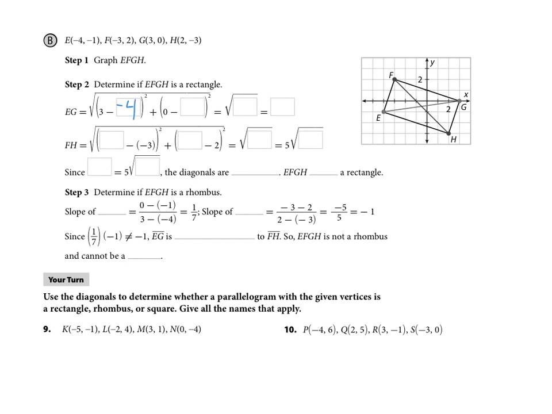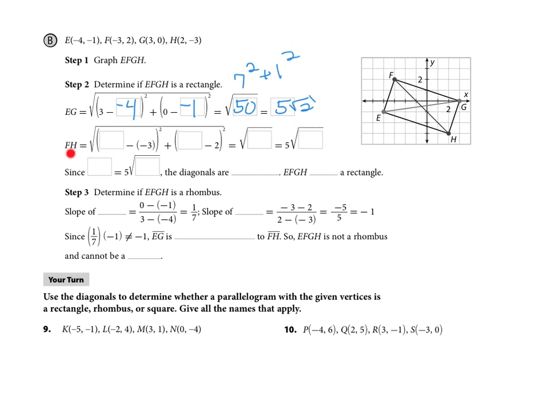And then 0 minus negative 1. So that's going to give us, if we were to do our subtraction, 7 squared plus 1 squared, or 49 plus 1 is 50. And then don't forget to put that in simplified radical form. We have a perfect square of 25 that can come out of that. So 5 radical 2 is my answer there.